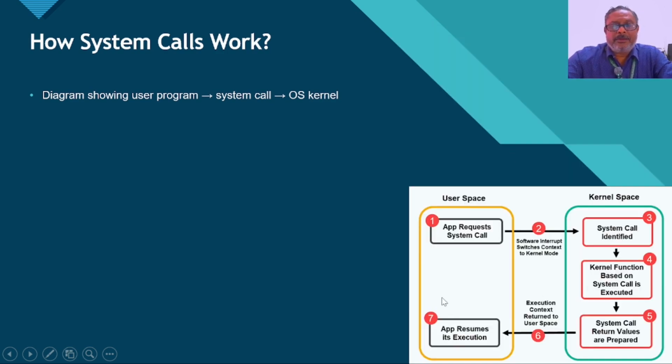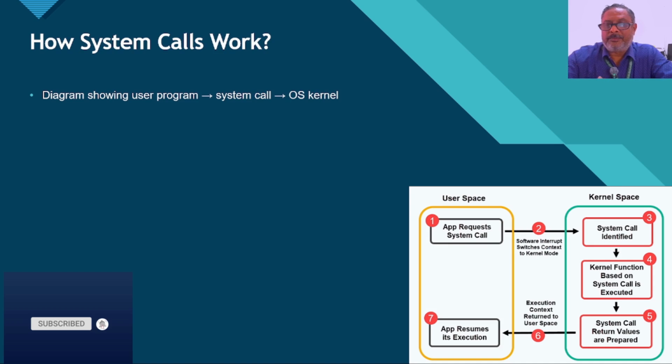So that's another way to look at it. From the user space, an application requests some information. The application requests a system call, and the system call interrupts the process and switches from the user mode to the kernel mode.